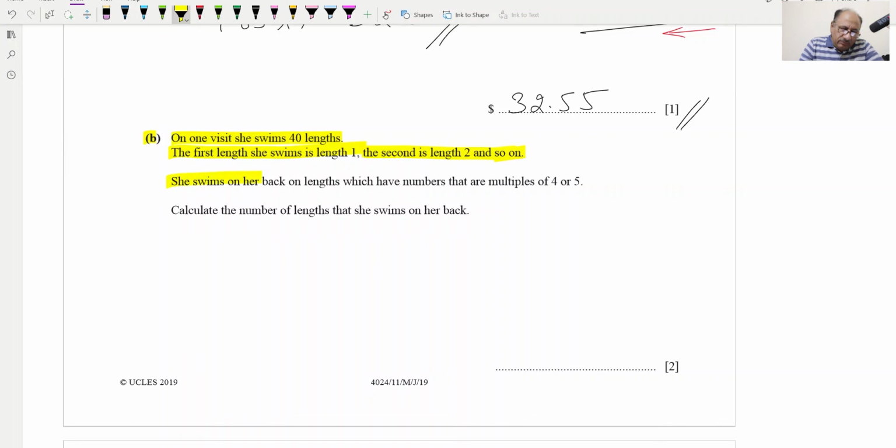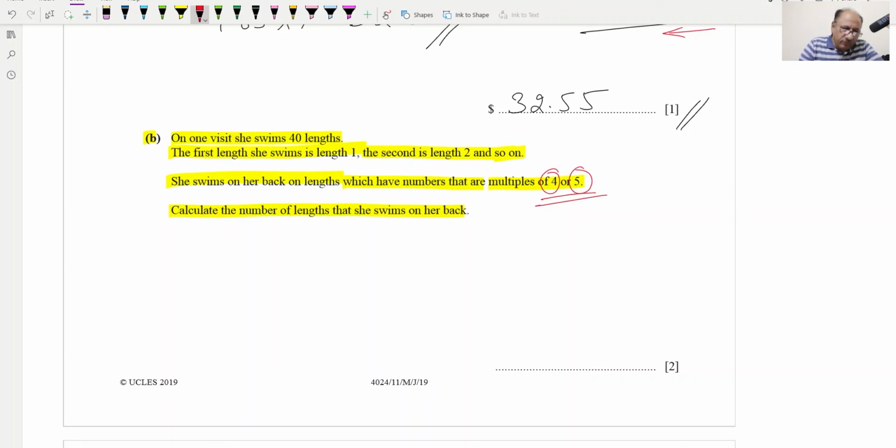So she swims on her back on lengths which have numbers that are multiples of 4 or 5. Calculate the number of lengths that she swims on her back. So basically for each multiple of 4 and 5, she's swimming on her back.